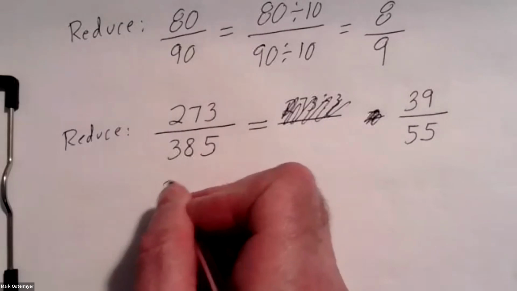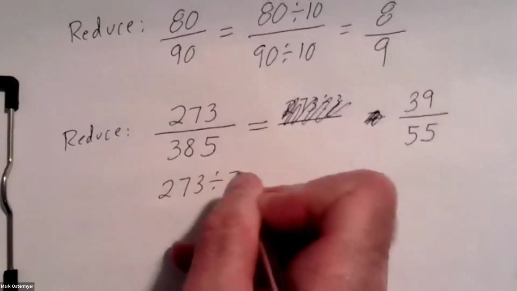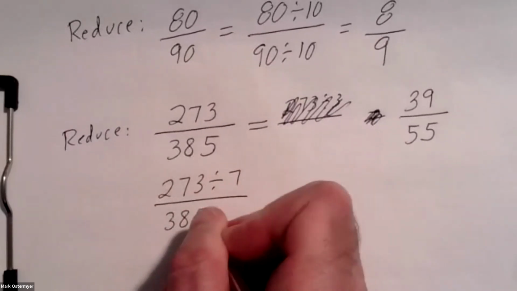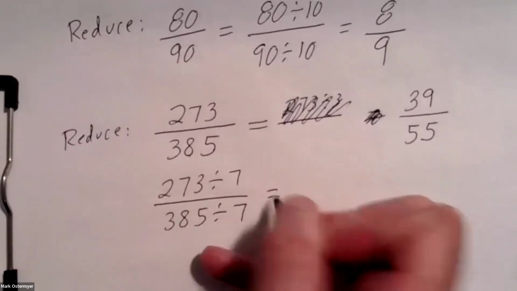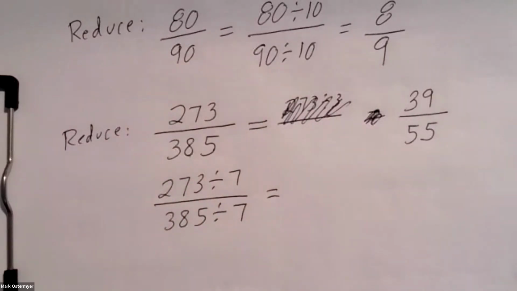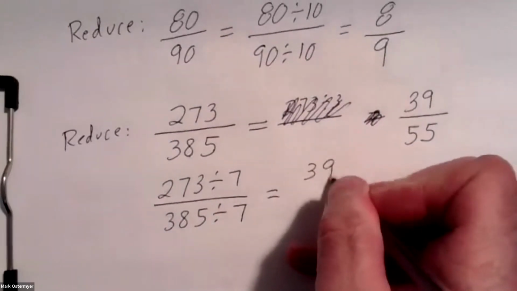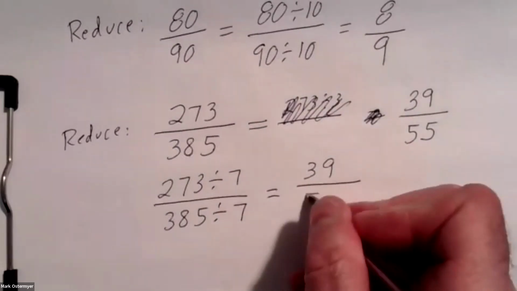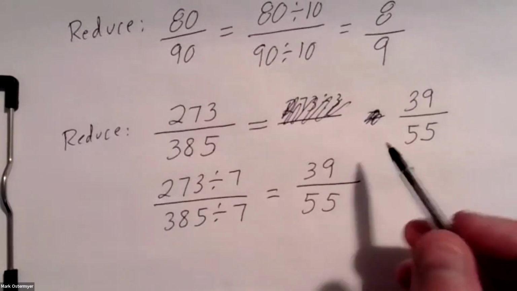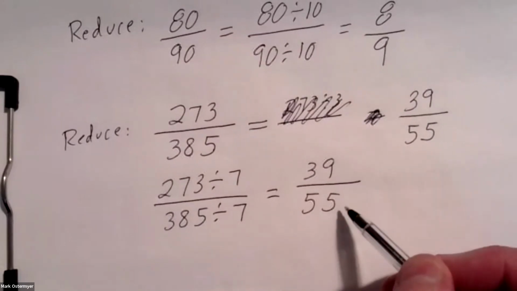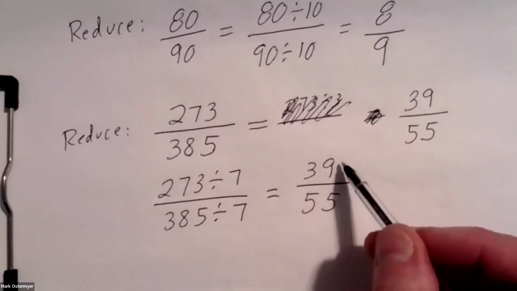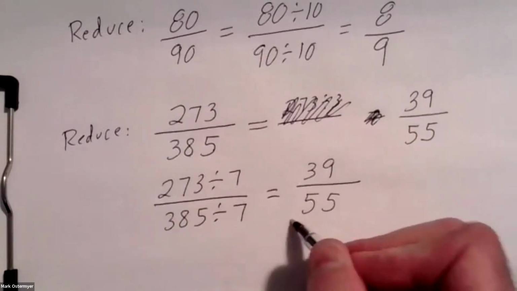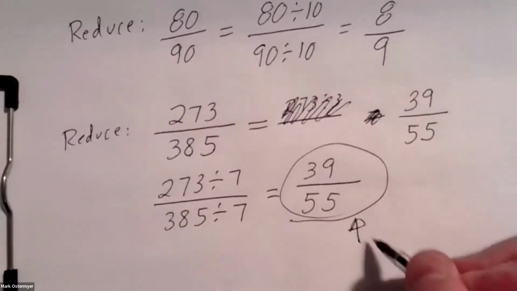7. Seven works? Okay, so if we divide the numerator and denominator down by 7, will that take it down a little bit here? 273 divided by 7 reduces it down to 39. And 385 divided by 7 reduces that down to what? 55. Yeah. And we would say that these numbers are relatively prime to each other in the sense that they only have a common divisor of 1, meaning that this is said to be in what form?